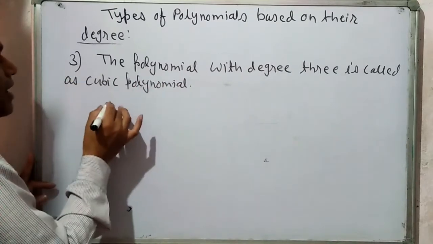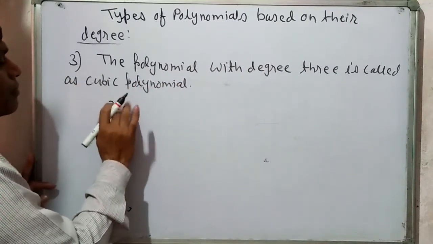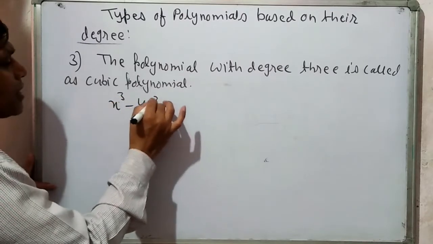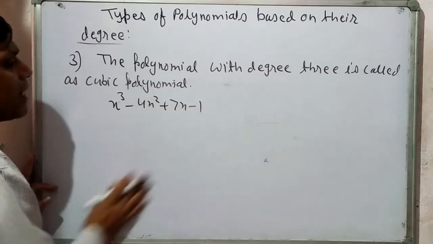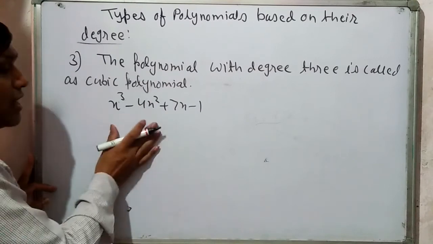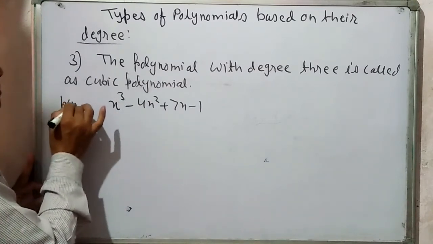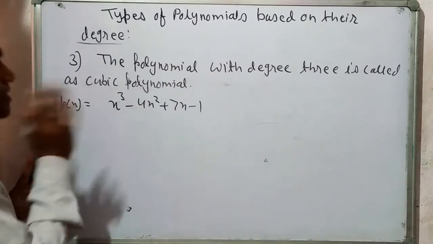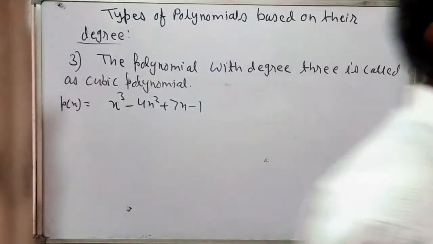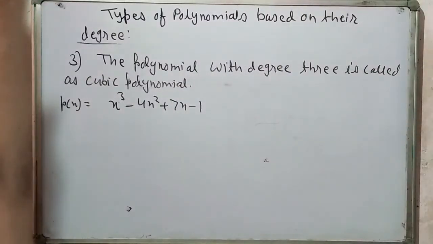For example, if we have x cube minus 4x square plus 7x minus 1, it is a cubic polynomial. We may represent p(x), polynomial in x, as x cube minus 4x square plus 7x minus 1.